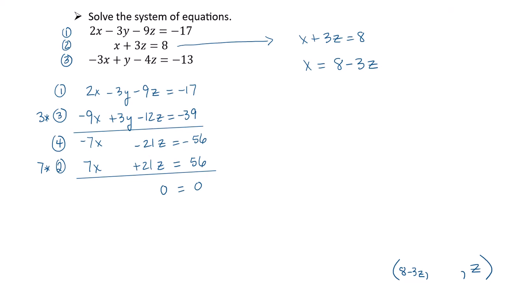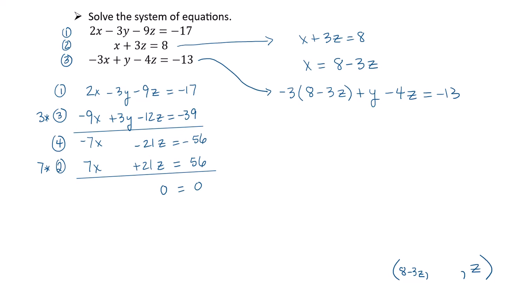Equations 1 and 3 are the two equations that have a y in it. So you need to pick one of those and then substitute the x that you have. I have a negative 3 times an x, which we just found out was 8 minus 3z, and then plus y minus 4z equals negative 13.